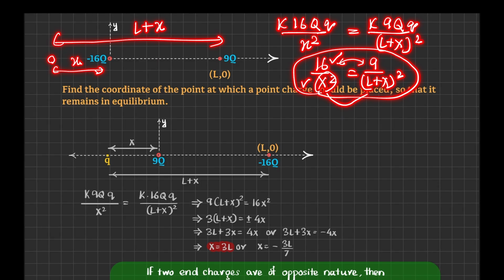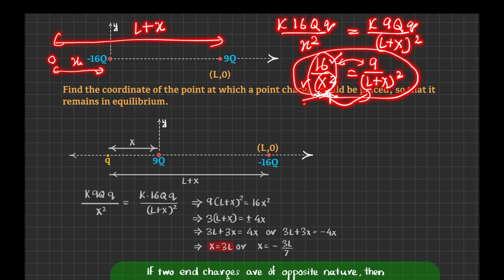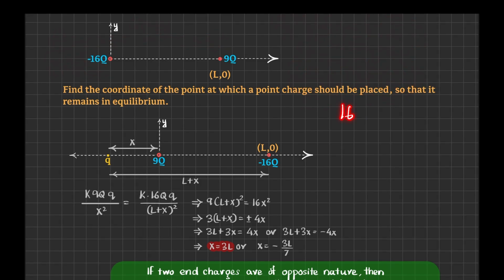And comparing the two denominators, x square is less than L plus x square. In that case, 16 by x square will always be a bigger number, because here the numerator is more, so the value tends to be on the higher side.